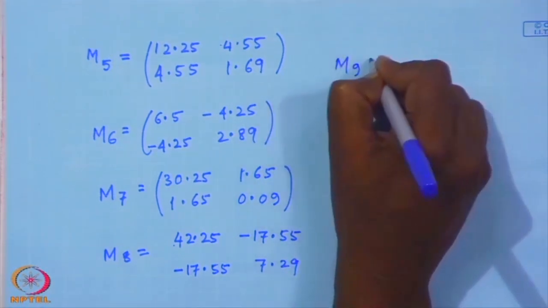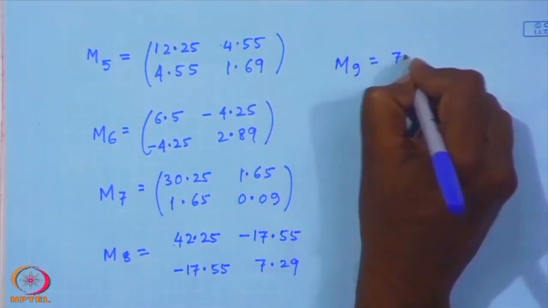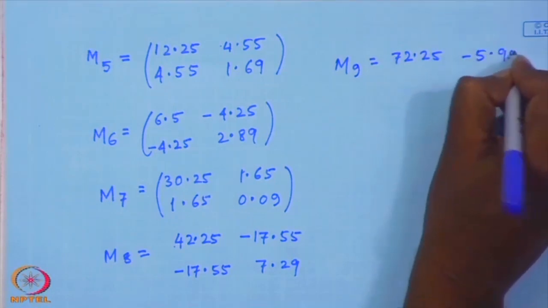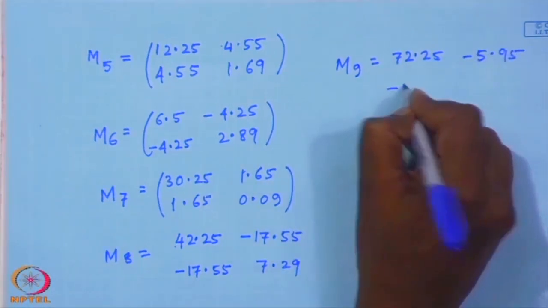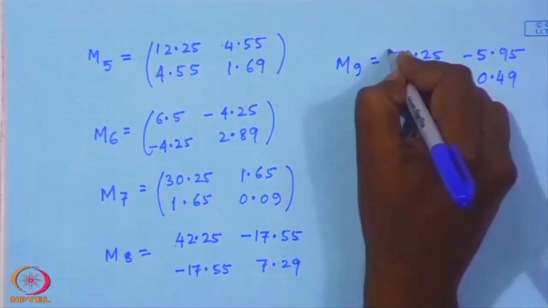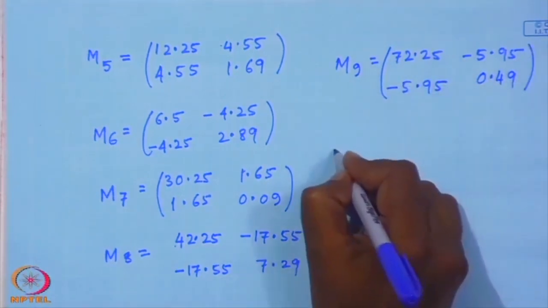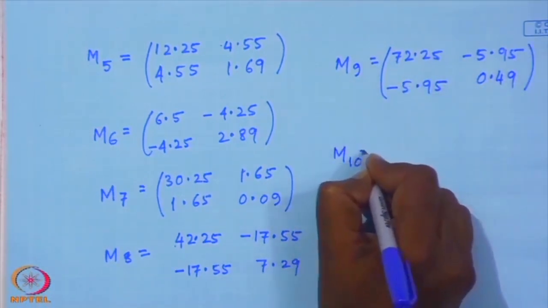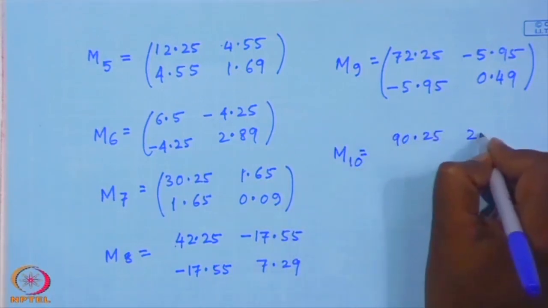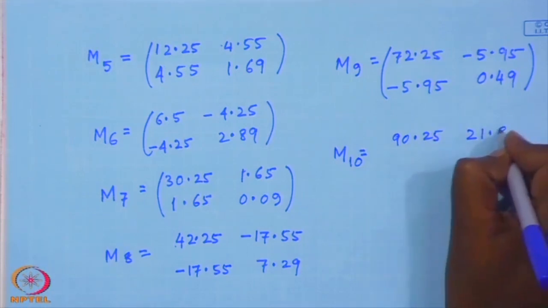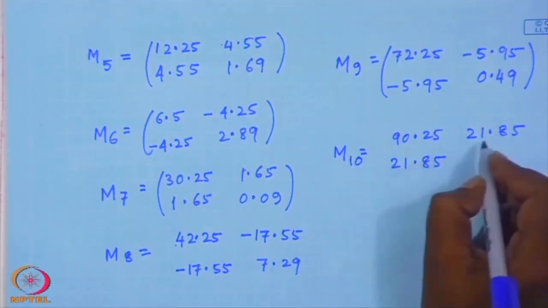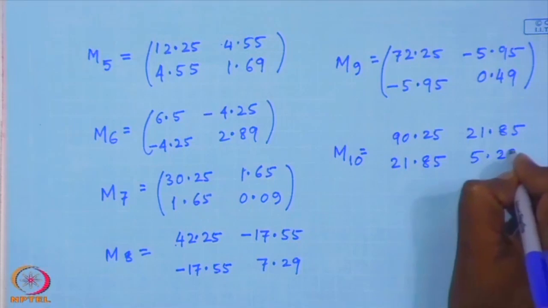M9 will be 72.25, minus 5.95, minus 5.95, 0.49, and the last one M10 will be 90.25, 21.85, 21.85 and 5.29.